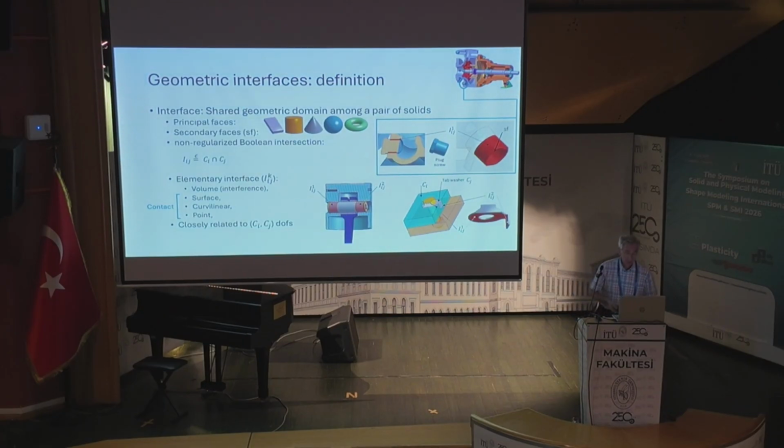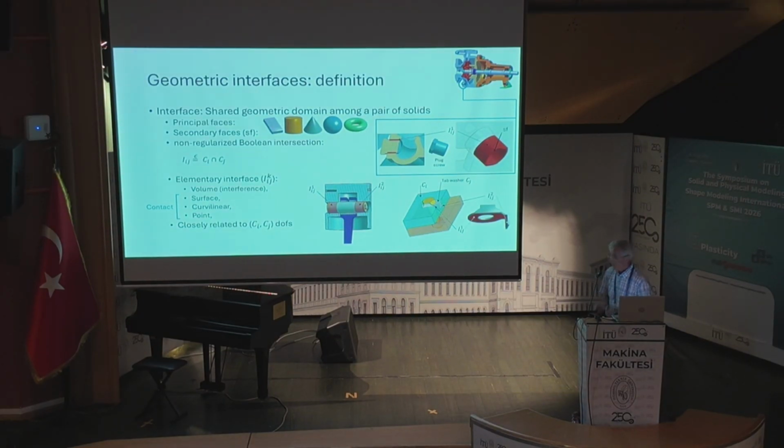So talking about geometric interfaces and how to define them, of course, in the first step, we are going to distinguish what we've called principal faces. That's to say planar, cylindrical, conic, spherical, and toric surfaces, because they are related to the joints for most of them.